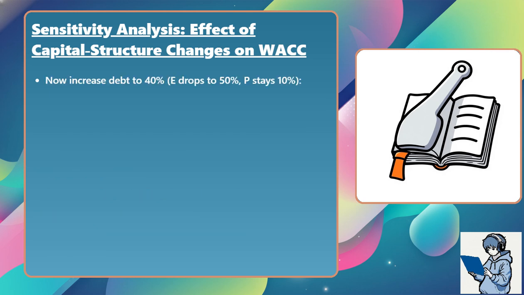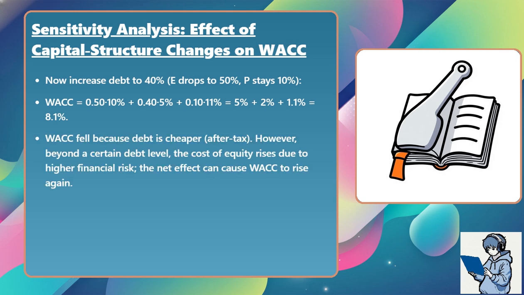Now increase debt to 40%, equity drops to 50%, preferred stays 10%. Weighted average cost of capital equals 0.5 times 10% plus 0.4 times 5% plus 0.1 times 11% equals 5% plus 2% plus 1.1% equals 8.1%.